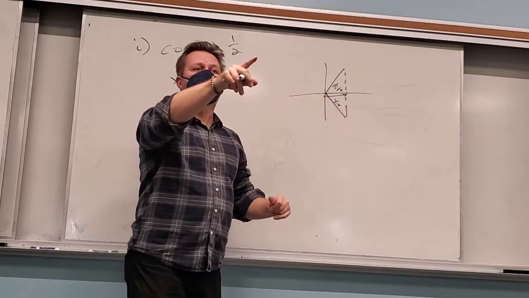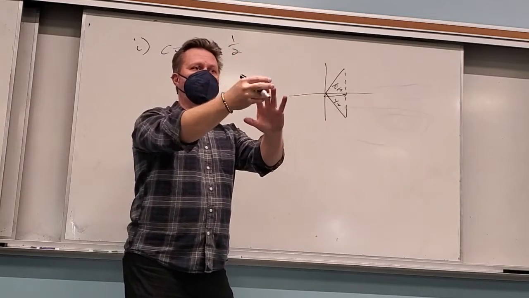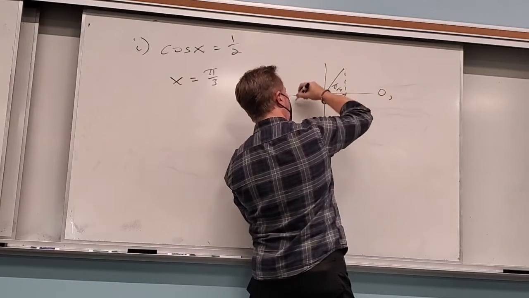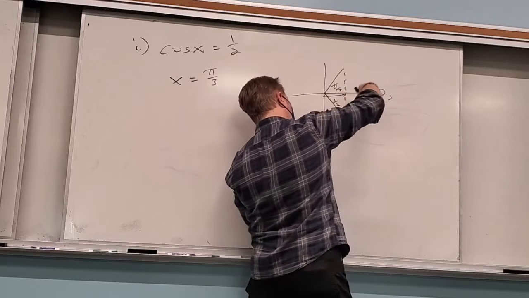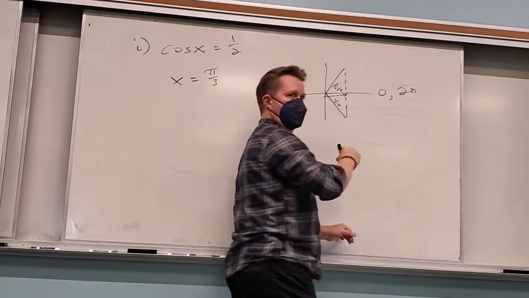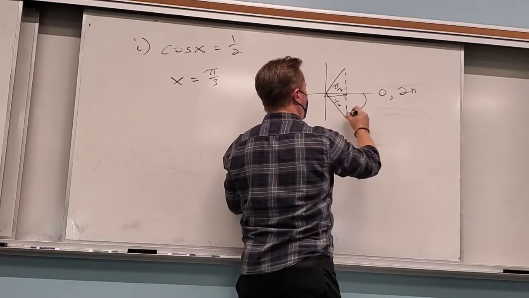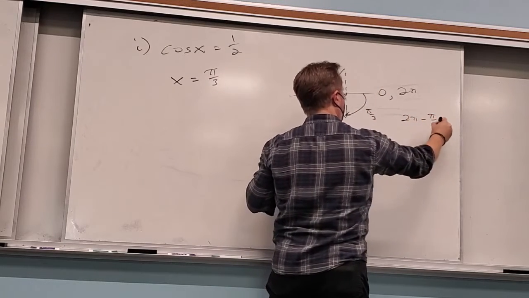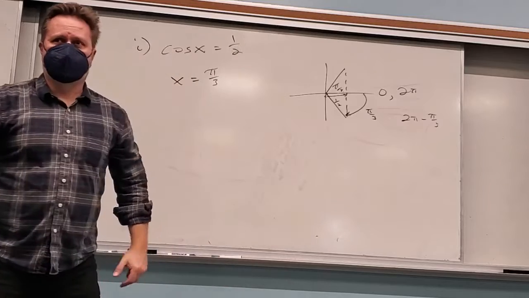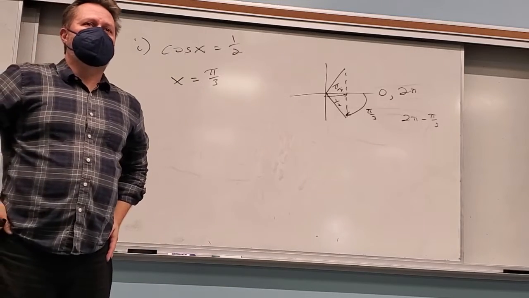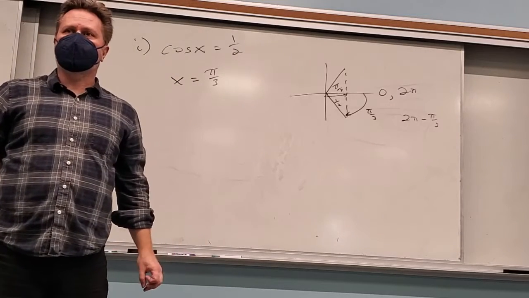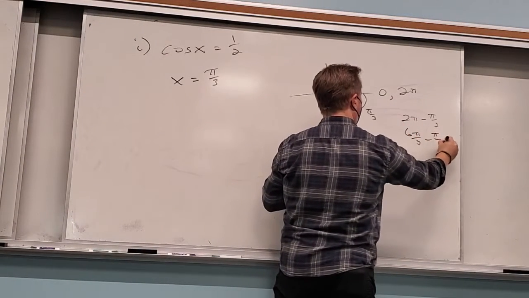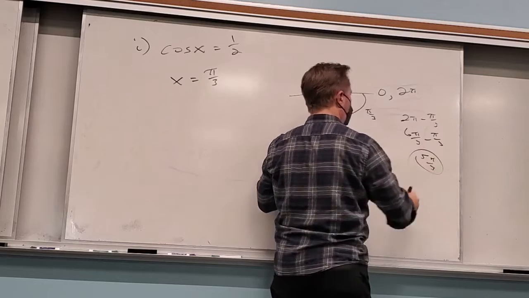Say again? 5 pi over 3, I love it. All right, so this is 0 radians, right? What else is it also known as? 2 pi radians, correct? So if I go back pi over 3 from 2 pi, 2 pi is 6 pi over 3, right? 6 pi over 3 minus pi over 3 is 5 pi over 3.